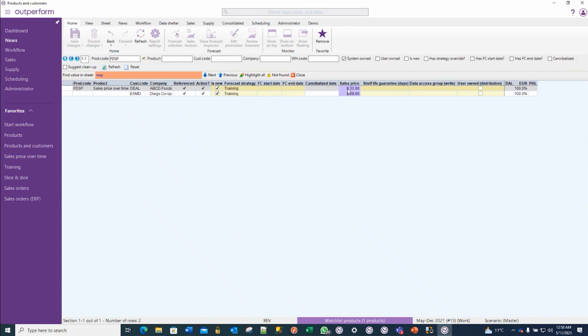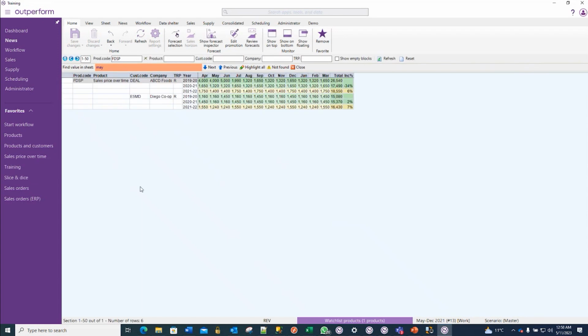If I now say, well, from now on, there should be 35 and this should be 31, then of course my revenue in the future is going to be higher. It's got my 6% increase and 7% increase there. Although I'm selling the same number of units, I'm just collecting more money for it.